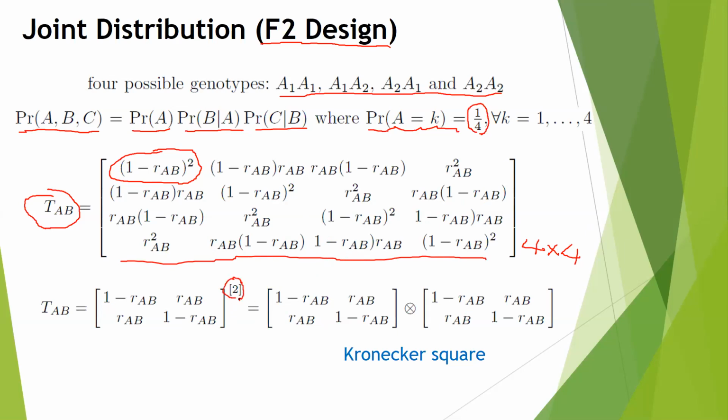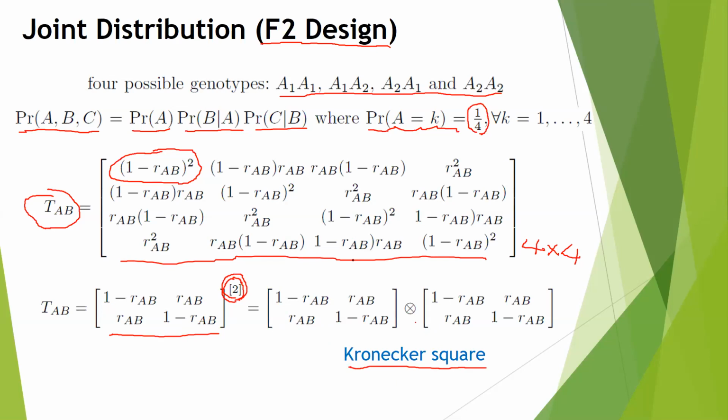So you can see the relationship between this. This is a transition matrix for the backcross design, and if we square this matrix using another matrix operation, the Kronecker square.